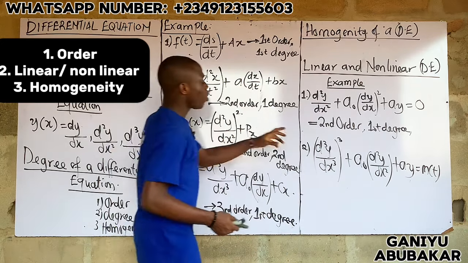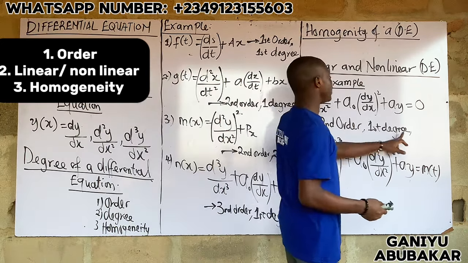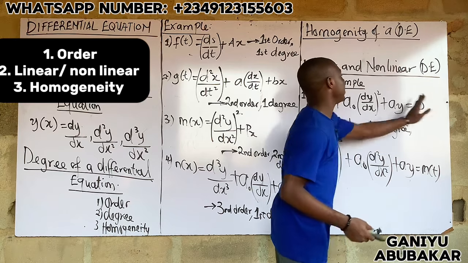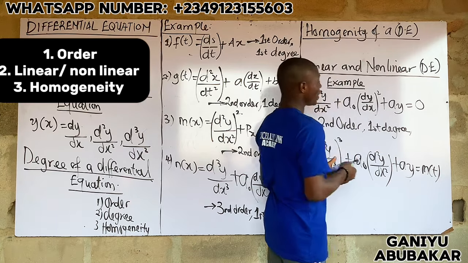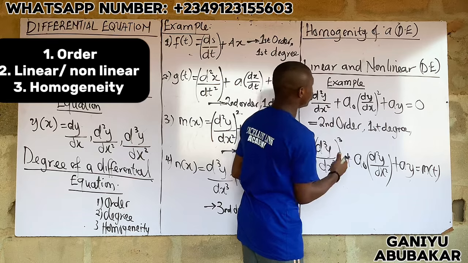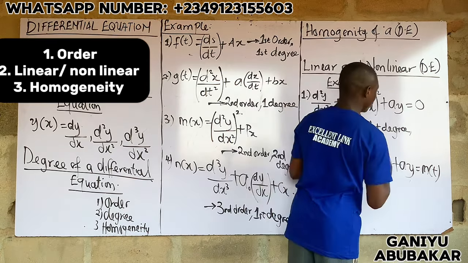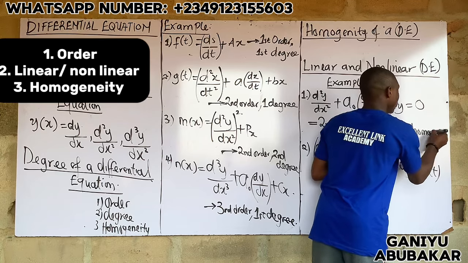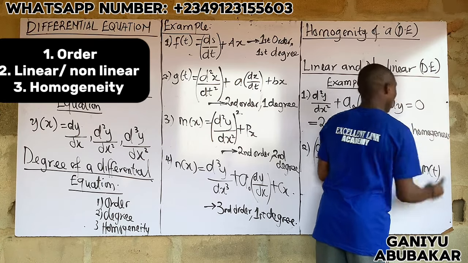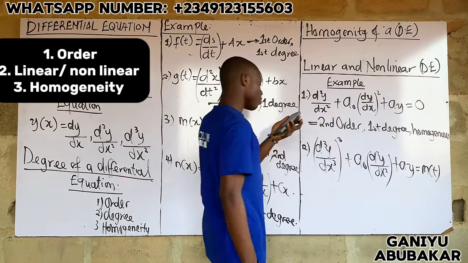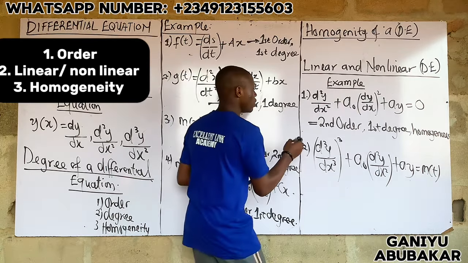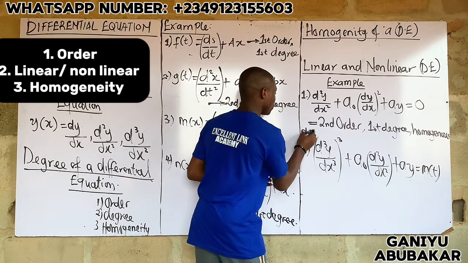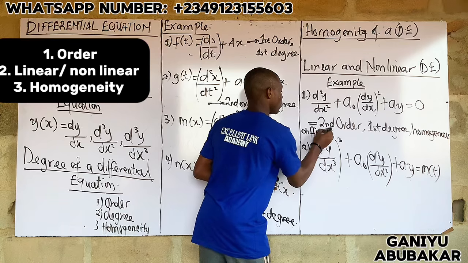So this becomes second order, first degree. So this equation, is it okay? We said that it's a homogeneous. Why? It's equal to 0. So it becomes a homogeneous differential equation.